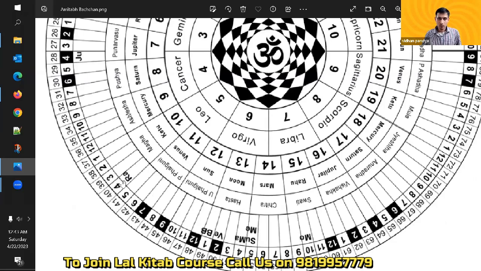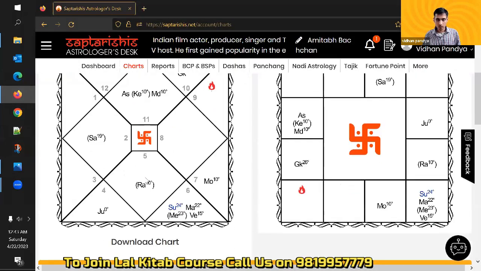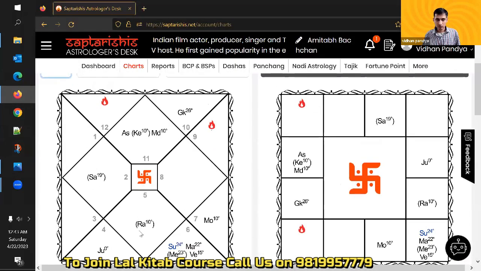You have Rahu sitting here, and this is all happening in the sign of Leo. Now let's look at his chart and see where Rahu is sitting. Rahu is sitting in the 7th house. Leo is also the sign of the natural heart.